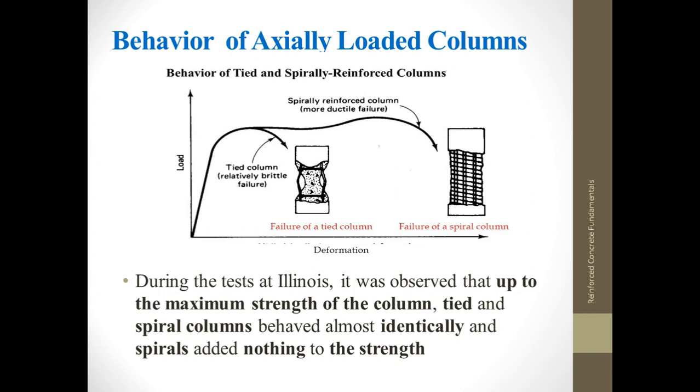In tied columns, this point is the point of ultimate capacity. For tied columns, beyond that point, the load carrying capacity of the member drops. A typical failure picture for a tied column is like this. The failure takes place by crushing of concrete along the two diagonals and buckling of longitudinal bars between the ties like this.